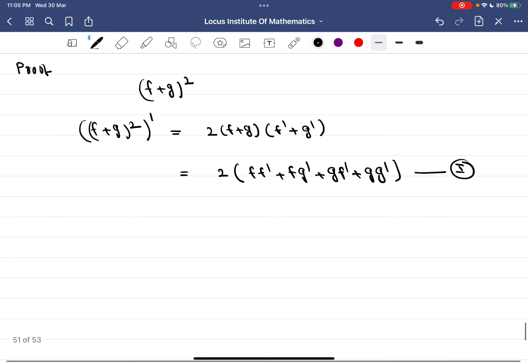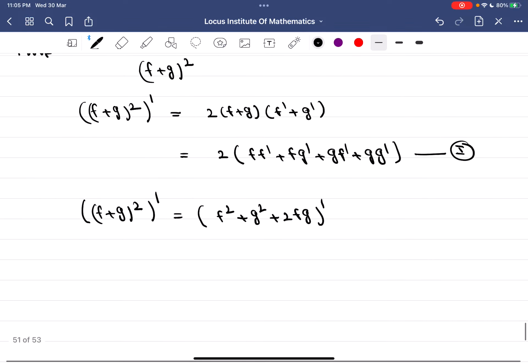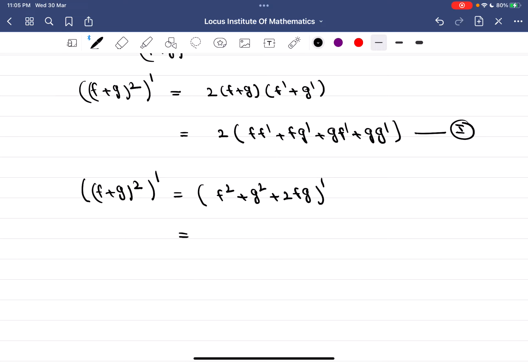Now again you take (f plus g) whole square. Now you expand (f plus g) whole square, then you differentiate. That is (f plus g) whole square, if you expand, then this is f square plus g square plus 2fg. Now if you differentiate, then differentiation of f square is 2ff' by chain rule.